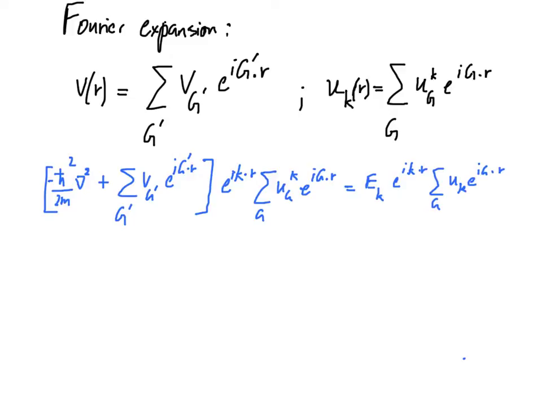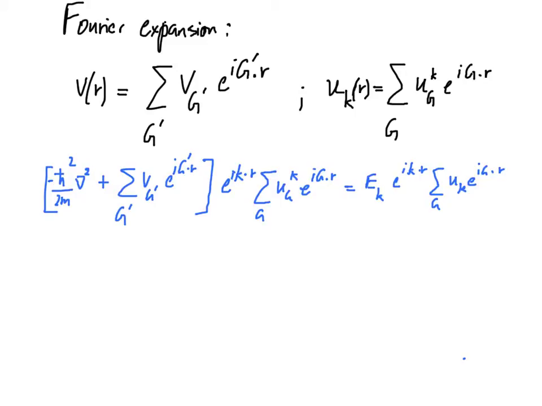Okay, so here is what we have. We took the two Fourier expansions and stuck them into our Schrodinger's equation, and we get this cumbersome looking equation. Now let us note something important. Let's take a look at this quantity here. This is of course our wave function psi k of r, which has a plane wave part e to the I k dot r, the phase factor, times the periodic function u k of r, which has been written as this.